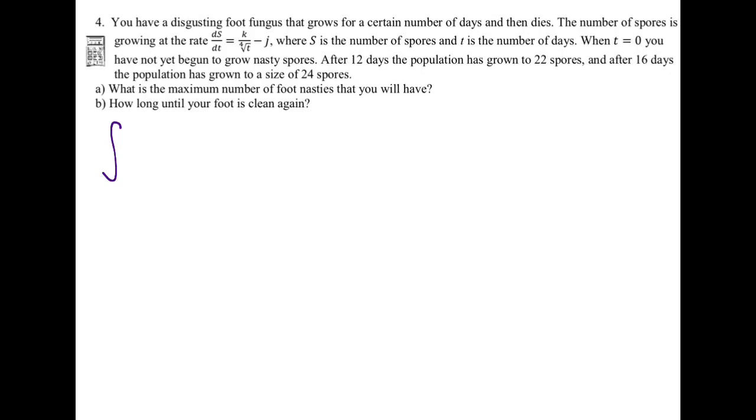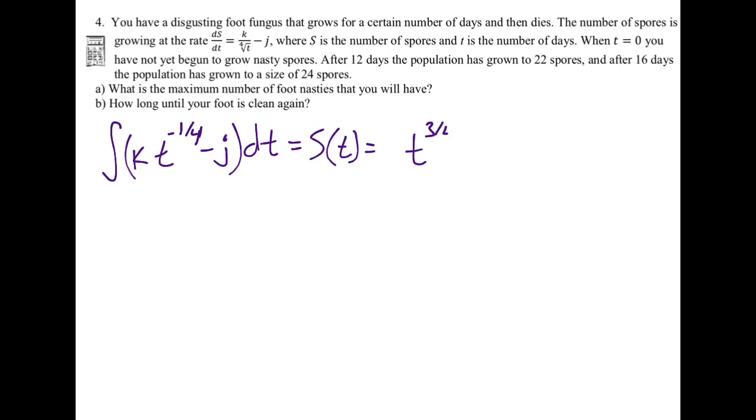So we are integrating the function k times t to the negative 1/4 minus j, with respect to t, the time. When we do that, we will get our function s, the number of spores with respect to time, equals t to the negative 1/4, add 1 to negative 1/4, negative 1 plus 4 is 3, so we're getting t to the 3/4.